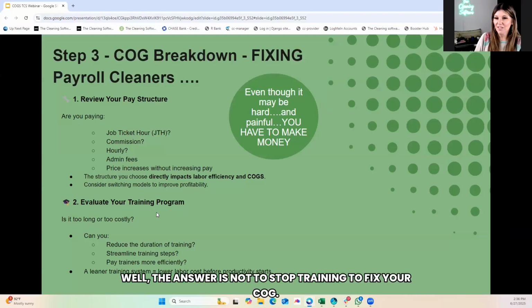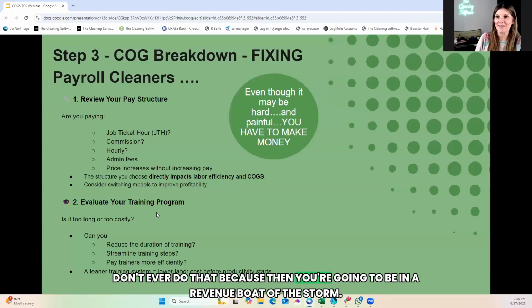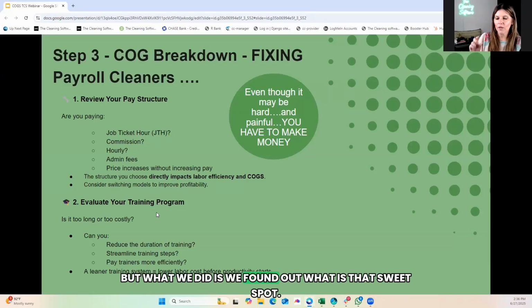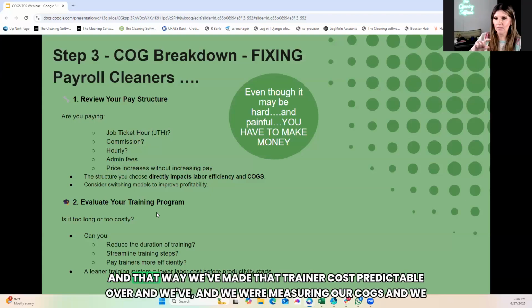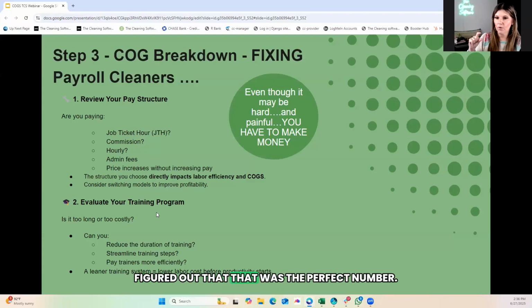Well, the answer is not to stop training to fix your COG. Don't ever do that, because then you're going to be in a revenue boat of a storm. What we did is we found out what that sweet spot is. In one of our locations, the sweet spot is to have 5 trainers going at all times, 100% of the time. That way we've made that trainer cost predictable, and we were measuring our COGS and figured out that was the perfect number.